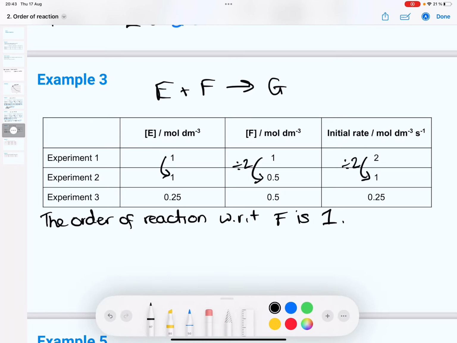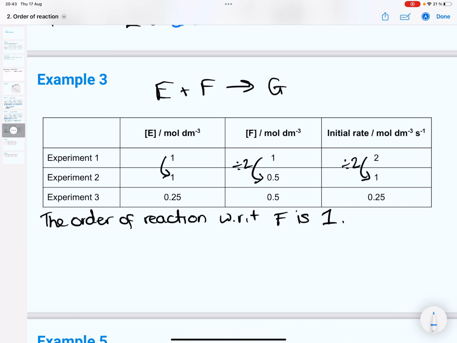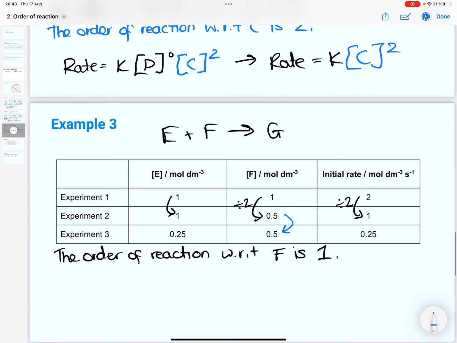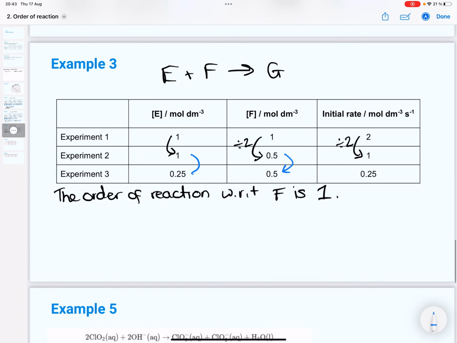If you're halving a concentration and the rate halves, it's exactly the same as if you double the concentration and the rate doubles. Let's look at the other reactant. This time we're going to compare experiment 2 and 3. In experiment 2 and 3, F has no change. But the concentration of E goes from 1 to 0.25. That is divided by 4.